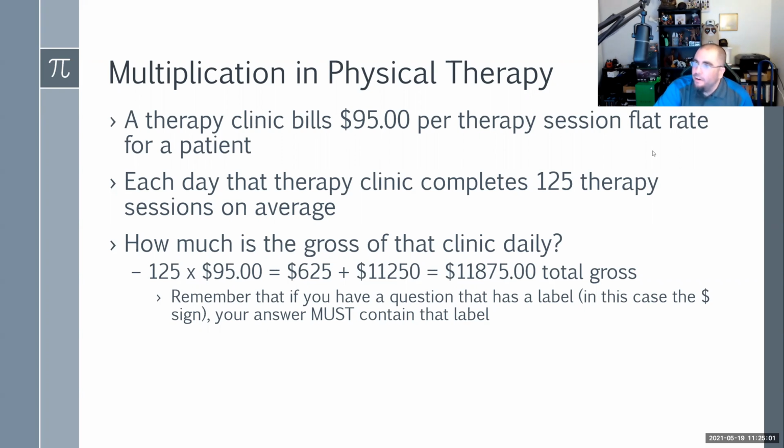Because if I had this question on the test, my choice A would be 11875 and look like that, where choice B would be 11875 with a dollar sign. Your brain is going to see this and lock in on that. Yeah, that's the answer. But really, the answer is the one with the dollar sign.